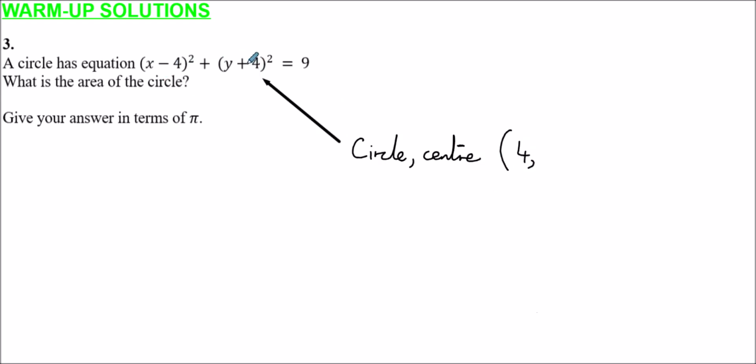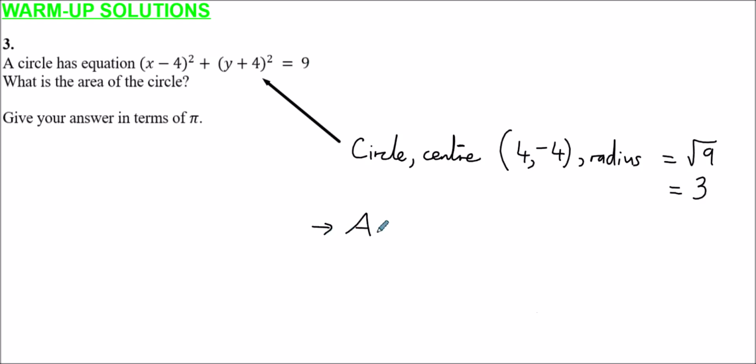Because we have y plus 4, the y-coordinate at the centre is actually minus 4. And the radius is given by this constant term at the end square rooted. So we square root this to get the radius. So the radius is basically the square root of 9, which obviously is 3.